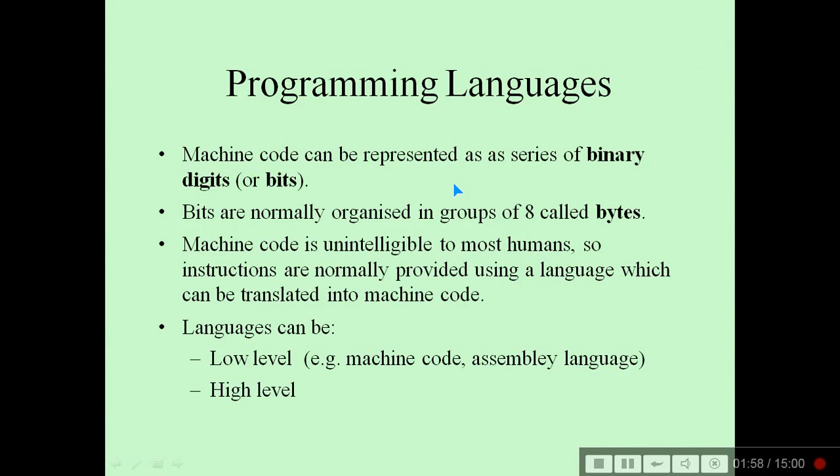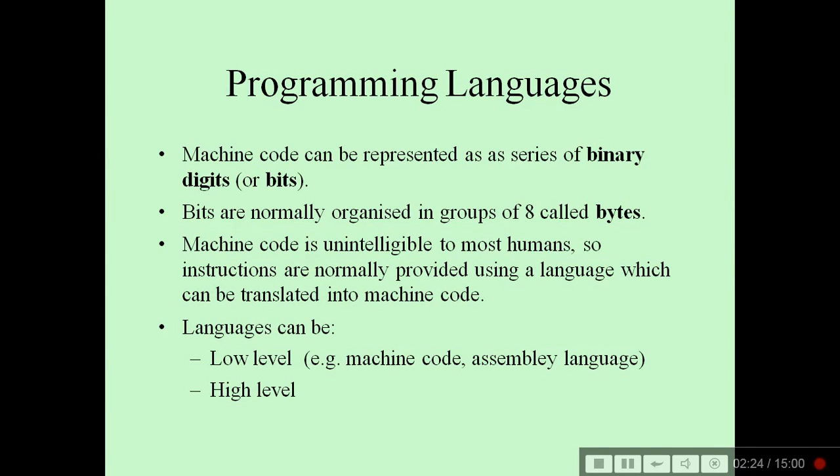Coming to programming languages, machine code is represented, as I earlier mentioned, in binary digits, that is bits. One byte is 8 bits. Machine code is quite unintelligible to humans.